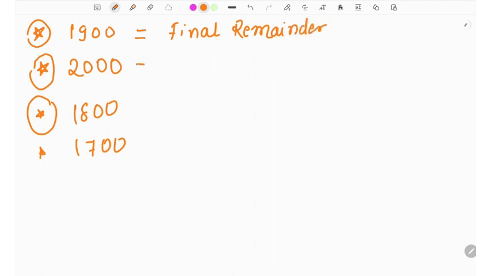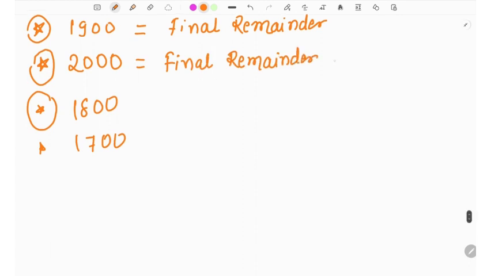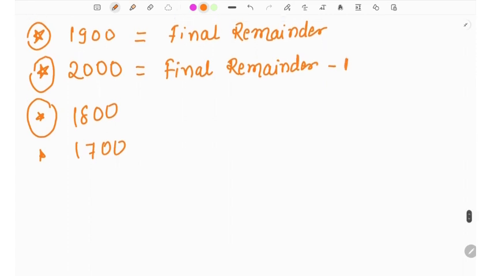But in case of the 2000 century, we are going to make some changes with the final remainder. Whatever the final remainder is, simply do minus 1 from the final remainder if the year belongs to the 2000 century.